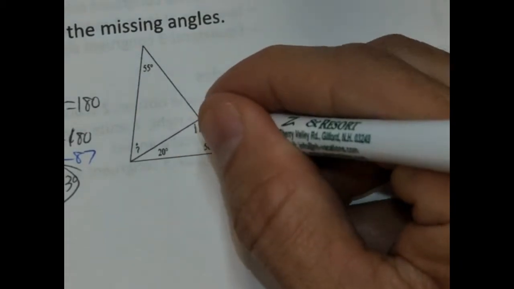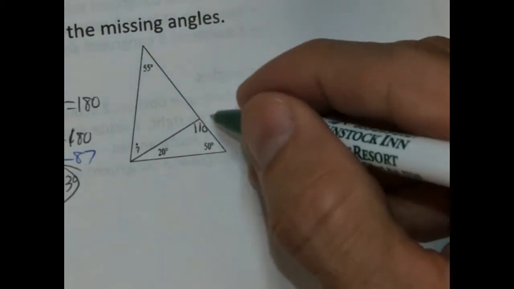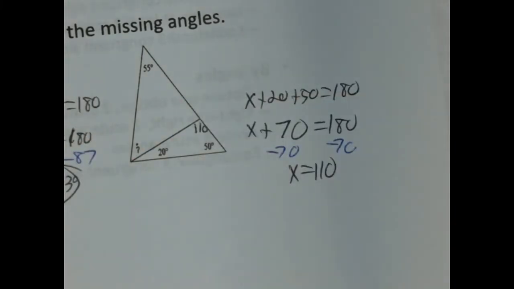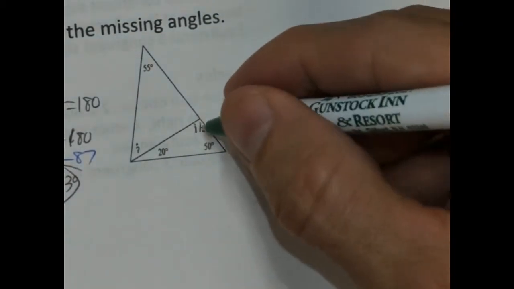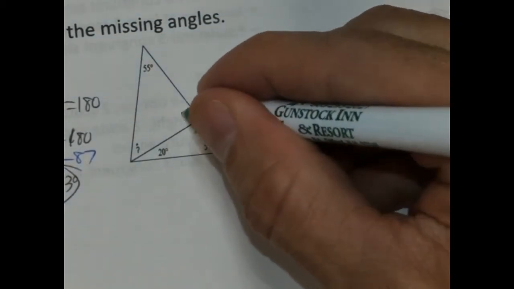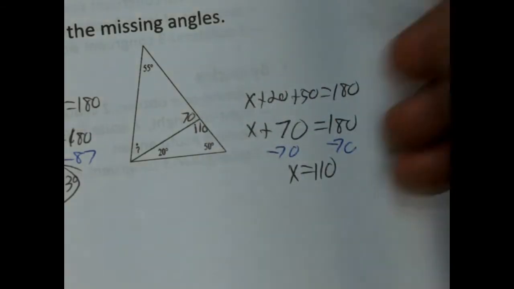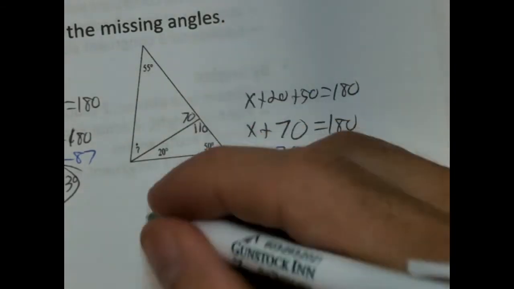So this is 110. Now we got to remember that this is a linear pair here. So because it's a linear pair, that means they have to add up to 180 degrees. So this is 110. This has to be 70, right? Because it has to add up to 180 degrees. Now we can solve for the missing angle.